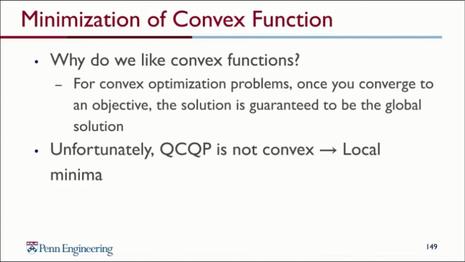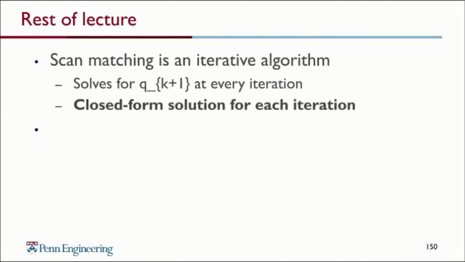And so the only guarantee that we have is that we have reached some local minima in terms of the solution. However, all is not lost in that scan matching itself is an iterative algorithm that solves for the next best solution, and at every iteration, fortunately, we have this closed form solution that makes the algorithm much more efficient.